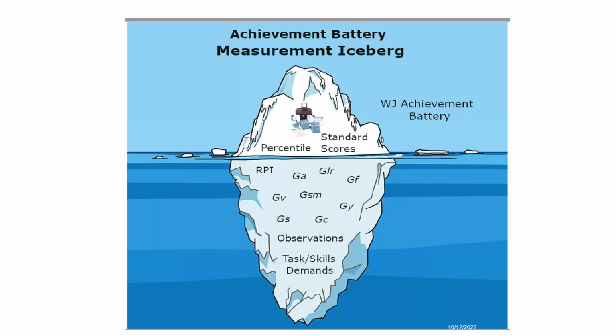So for us to move beyond this surface-level information that's often used to interpret students' results, we have to dive deeper underwater to look at the other data that's available through the use of these tests. So RPI, as you can see, is one of those deeper-level data points that are going to tell us more about how that student is functioning on a particular task. It's going to tell you more about how that student is likely to perform in the classroom on that particular type of task.